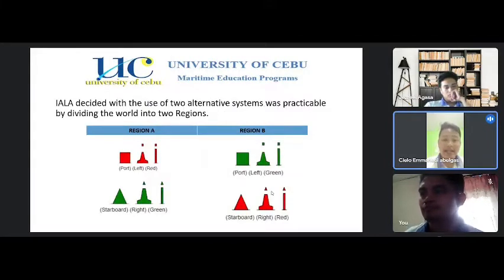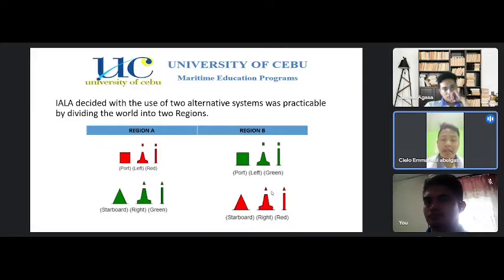Ayala decided that the use of two alternative systems was practicable, by dividing the world into two regions. Region A is the Atlantic Ocean, Africa, Europe, Asia, Middle East, Australia, and part of the Pacific Ocean.